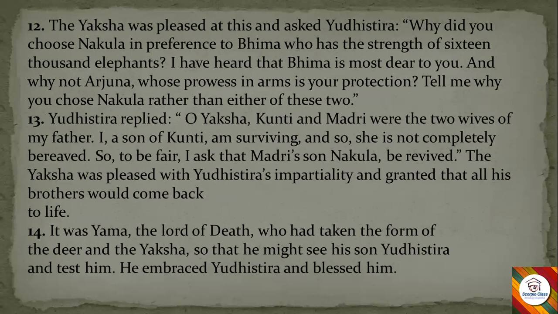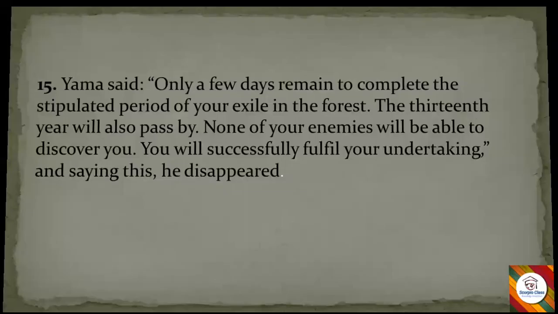Even the Yaksha who came in voice form was the same person in another form, and he wanted to see his own son Yudhishthira and test him. After listening to his answers and seeing his impartiality, he was very happy. He blessed him and disappeared from there.